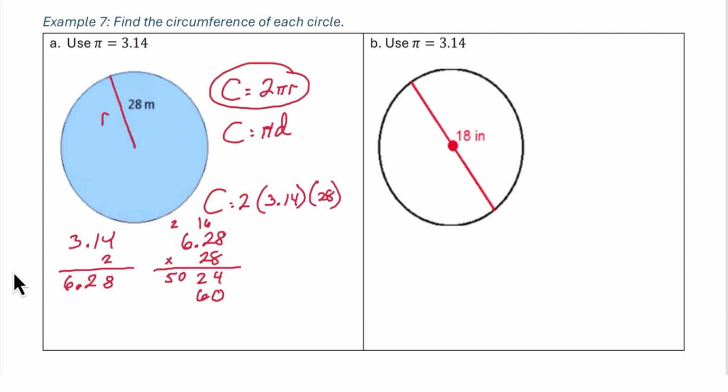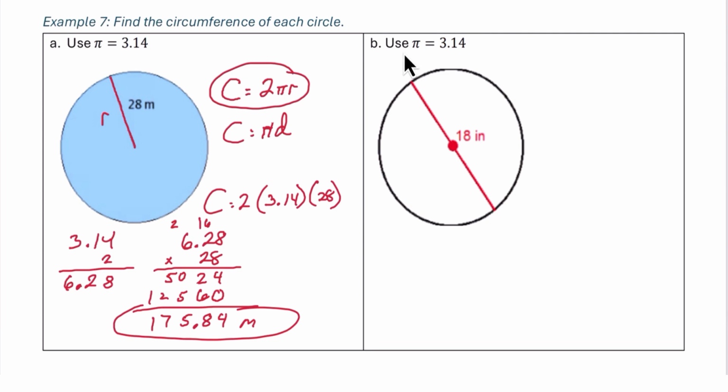Carry the 1. 2 times 2 is 4, plus 1 is 5. 2 times 6 is 12. And now we add. And we need 2 decimal places because there are 2 decimal places in the factors. So the final result, 175.84 meters.